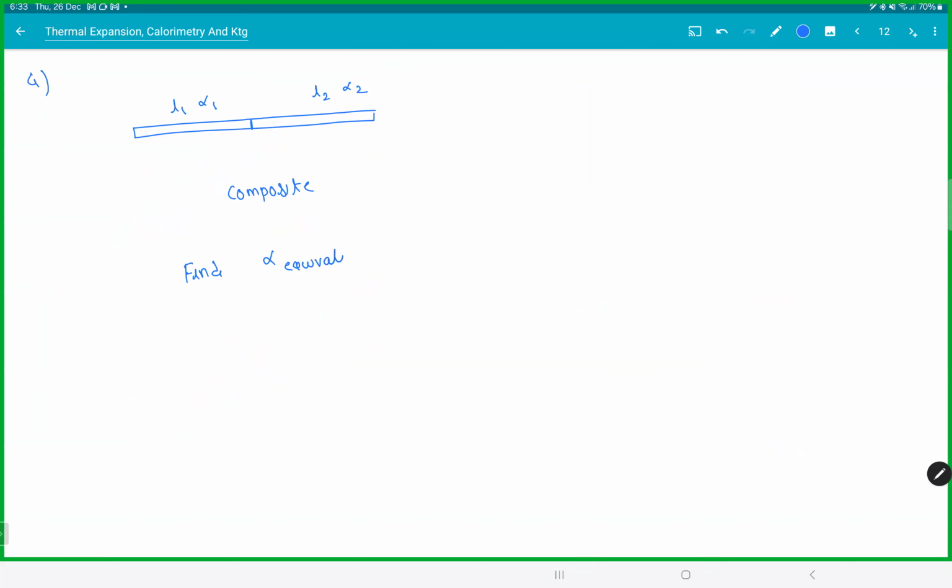The meaning of this is, if we replace this with a single rod whose length will be L1 plus L2, made of uniform material, with alpha equivalent. So they're asking find alpha equivalent. That is the meaning of alpha equivalent. If these two rods were made of same material, what should be that alpha so that I get same elongation?